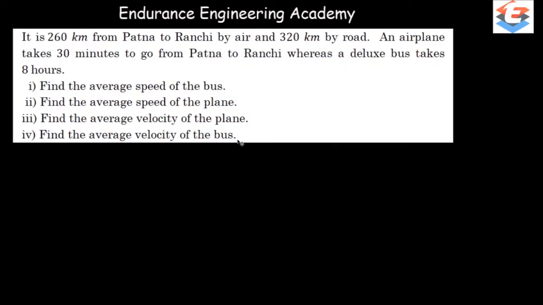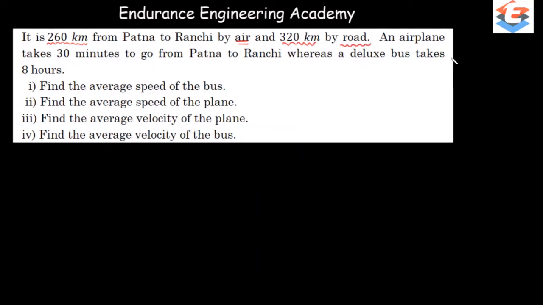So let us discuss few problems related to average velocity, average speed, and instantaneous velocity and instantaneous speed. So I have taken one question here, we could read it. It is 260 kilometers from Patna to Ranchi by air and 320 kilometers by road.